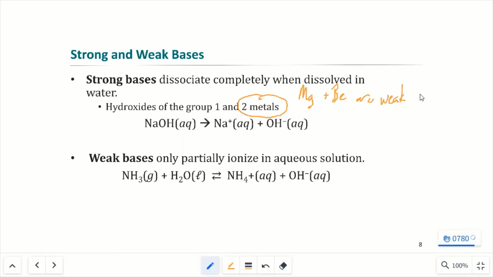They're on the weaker side. So with strong bases, once again, we see all of them will ionize. Whereas weak bases, we get partial ionization instead. So strong bases conduct electricity very, very well. Weak bases conduct electricity poorly, but they do conduct it at least a little bit.